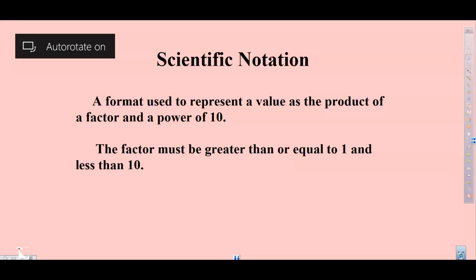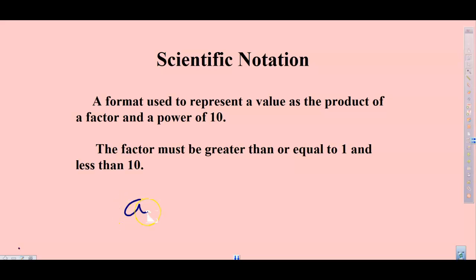So for example, we need a value in the form of a times 10 to a power, and let's put that power as x. A needs to be in between 1 and 10. It can be equal to 1, but it cannot be equal to 10. So in other words, it needs to be a single digit value.